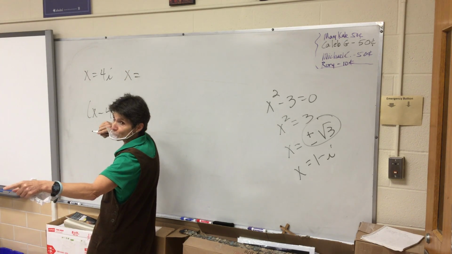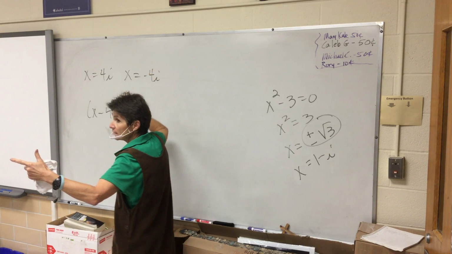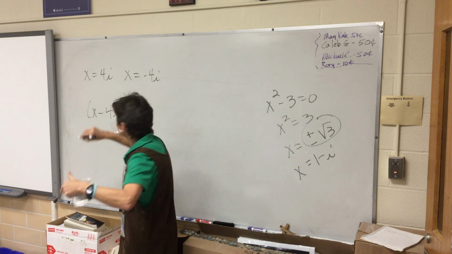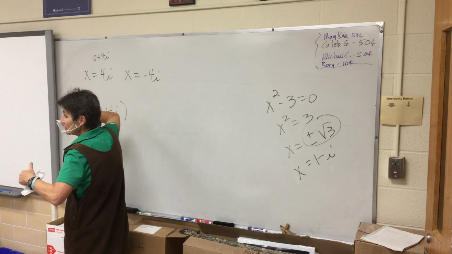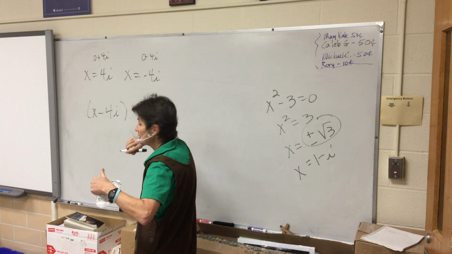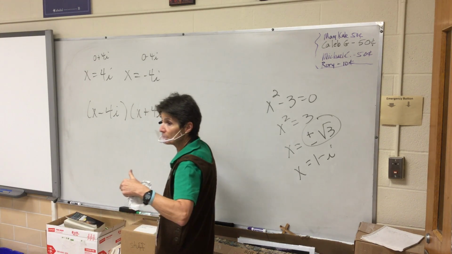What's the other root that you know automatically? Negative 4i? Remember, they are conjugates. So this is like 0 plus 4i. The conjugate would be 0 minus 4i, which means that factor would be x plus 4i.